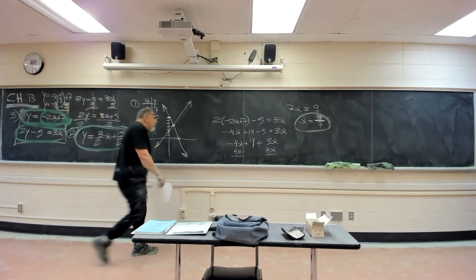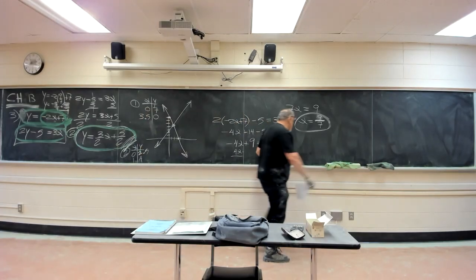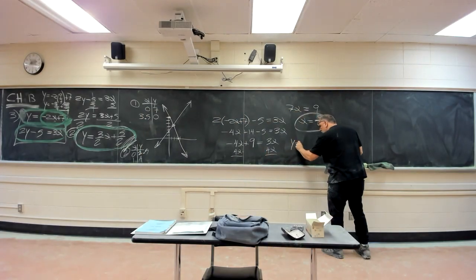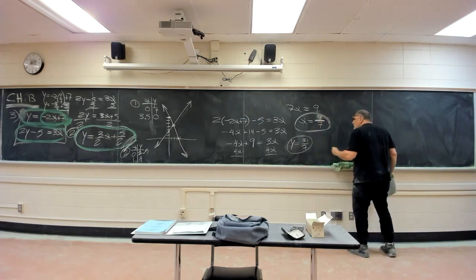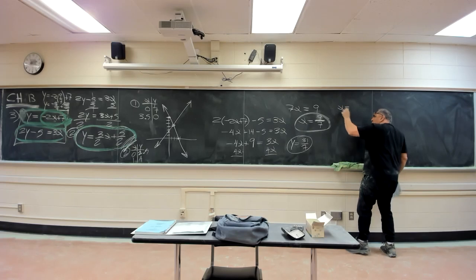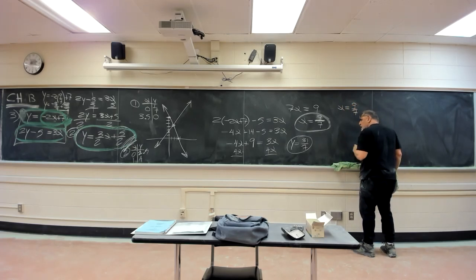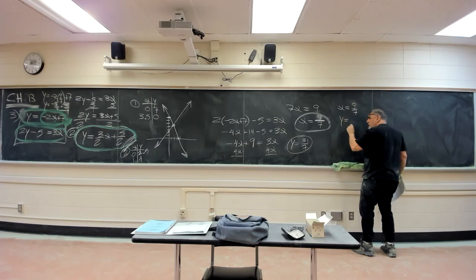It's 31/7. Y equals 31/7 sounds good to me. X equals 9/7 and y equals 31/7.